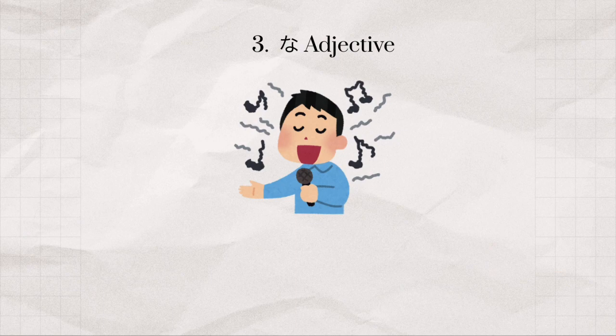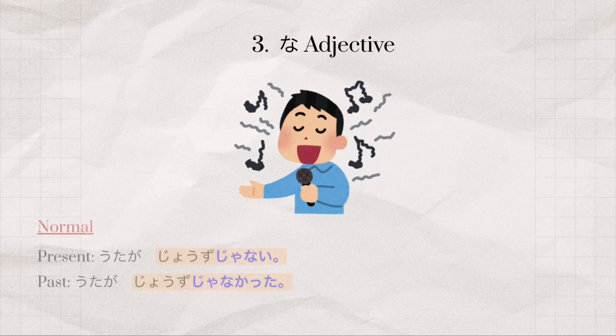The next photo shows that this man is not good at singing. And to say this in sentence, it would be, let's say, this man is us. And to say this in normal form present would be 歌が上手じゃない.